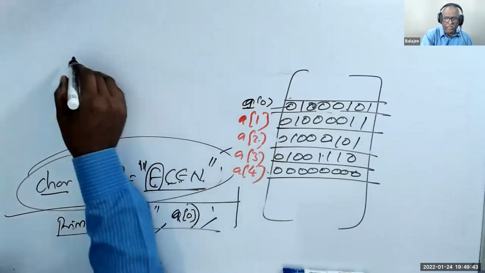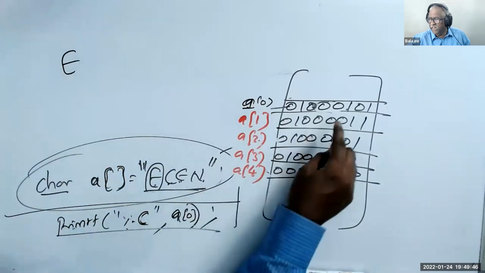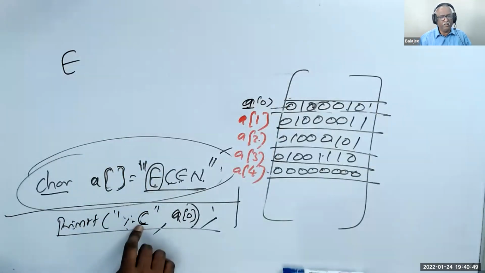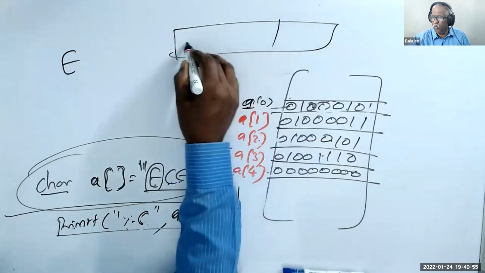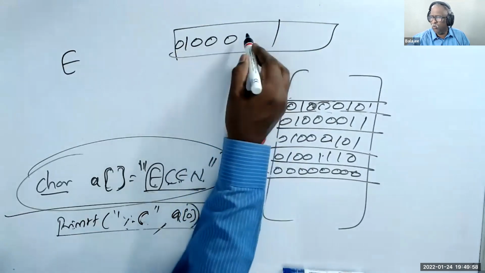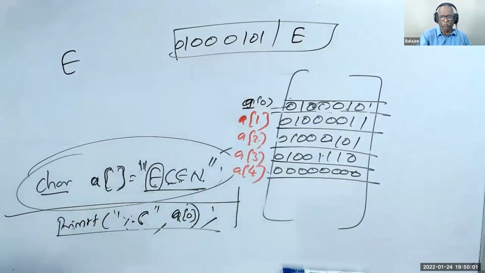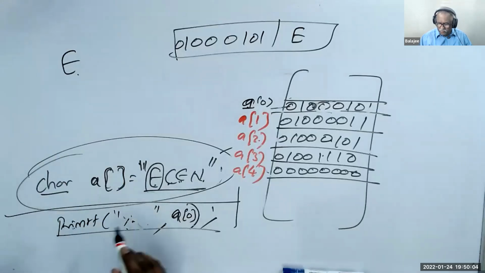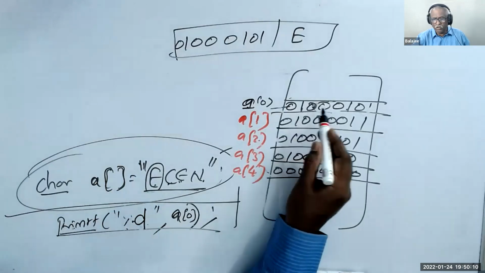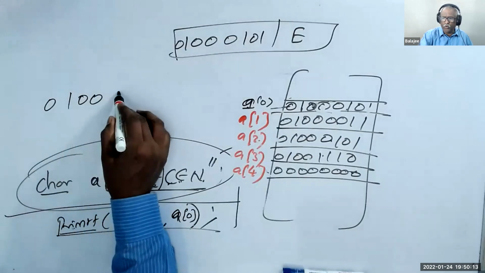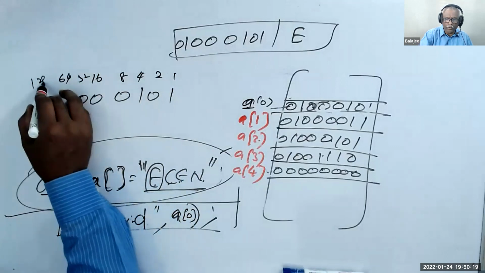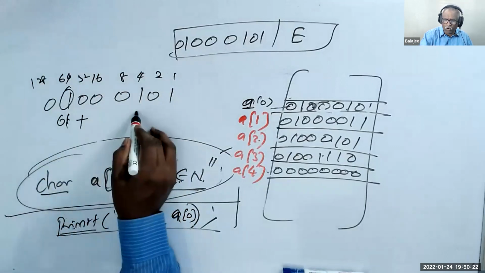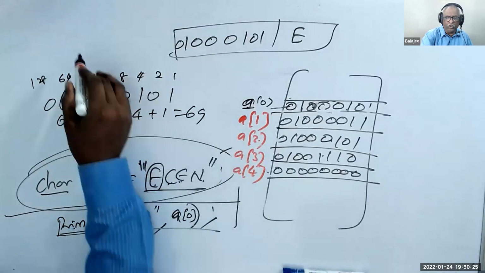I'll get E on the screen, because since I put c, printf will go and refer to the ASCII table for 0, 1, 0, 0, 0, 1, 0, 1, and what is written is E. If you put percentage d, printf will read this binary: 1, 2, 4, 8, 16, 32, 64, 128. So 64 plus 4 plus 1, 69. You get 69 on the screen.